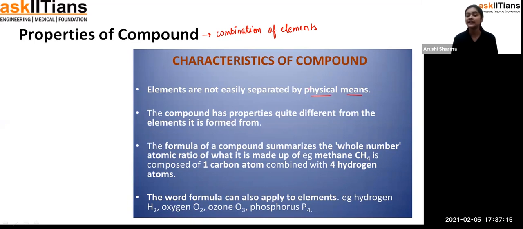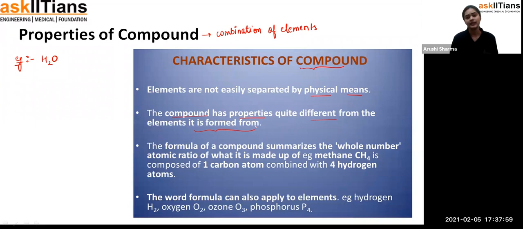For example, water, H2O, means hydrogen is bonded with oxygen, and physically it is not possible to separate the hydrogen and the oxygen in water. So this is the first property of a compound: the elements that make up the compound are not easily separated by physical means.